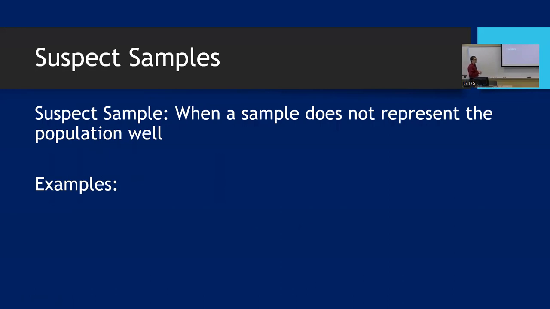Well, one thing I want to do when I design a study is I want to avoid suspect samples. A suspect sample just means a bad sample. All right? It's a sample that doesn't represent the population that I'm looking at.